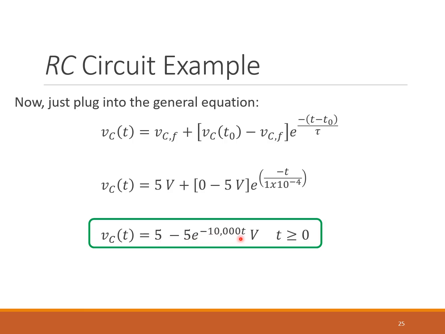As our t goes to infinity, this exponential term is getting smaller and smaller, so our exponential is going to 0, and so we get 5 minus 0. So again, ultimately our final value is 5. So always a good idea to double check your equation and make sure that it is aligning with what you expect in terms of final value and initial value for your capacitor voltage.